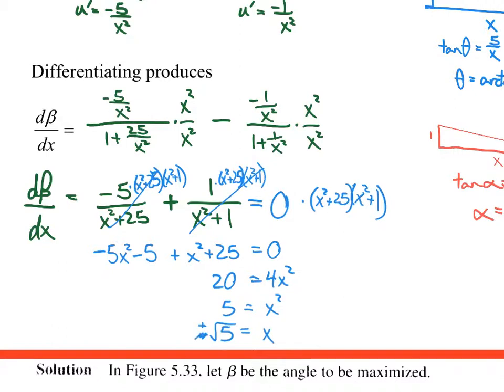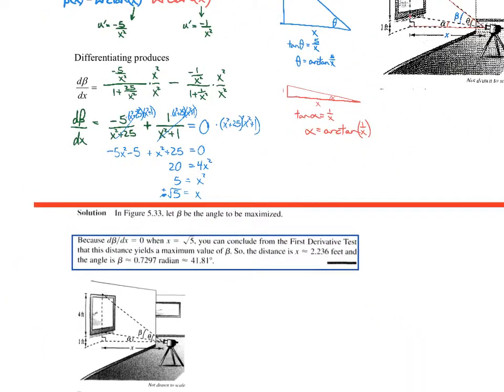So it's got to be a positive radical 5, or about 2.2 feet from the wall. Does that all make sense? Okay.